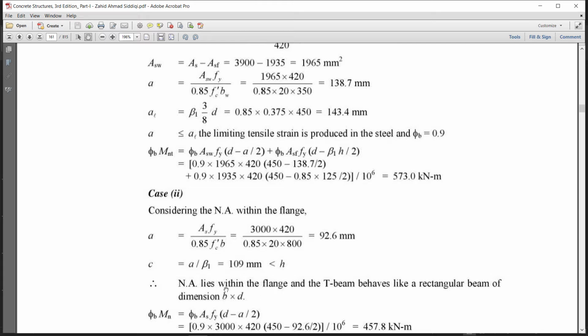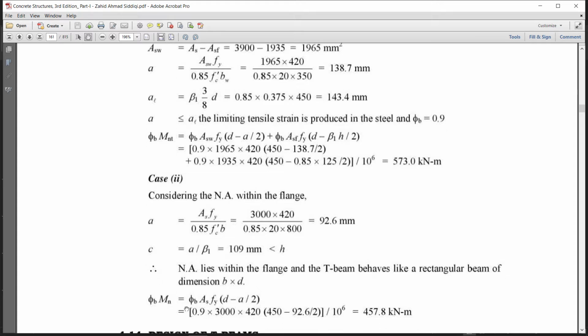So the beam will be designed as a rectangular beam, and here the moment capacity will be calculated with the same formula as for a singly reinforced beam: As Fy into d minus a by 2, times 0.9. That is 0.9 times 3000 multiply 420 multiply 450 minus 92.6 divided by 2.